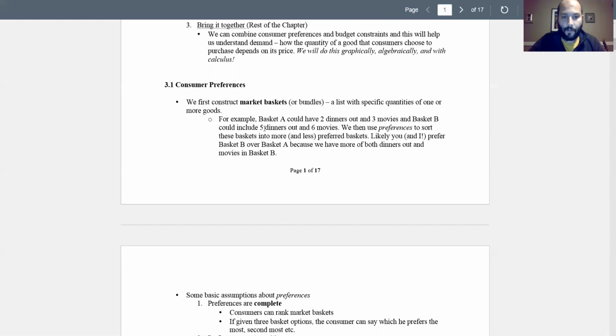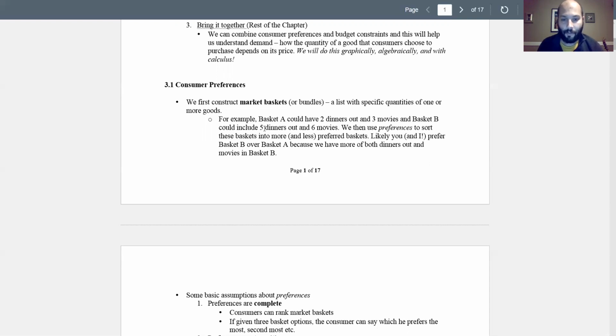To talk about consumer preferences, first we're going to define what we call market baskets or bundles. In particular, in this class, we're going to be focusing on two-good worlds that we can just graph out on the XY coordinates. A market basket or bundle is any combination of our two goods.